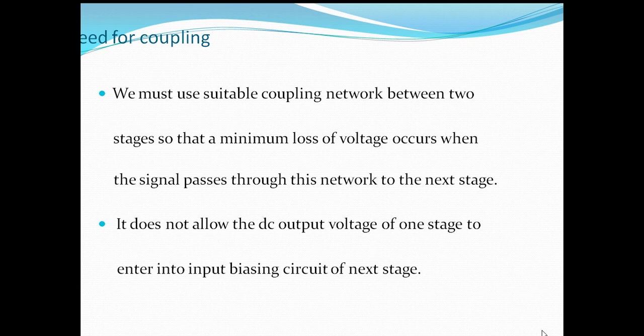We should not allow the DC signal to enter the next stage. This is very important. The first one is the minimum loss of voltage from one stage to another, and the other is that we should not allow the DC component from one stage to another.